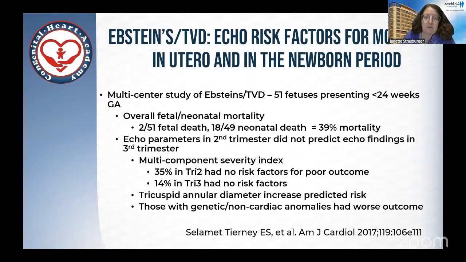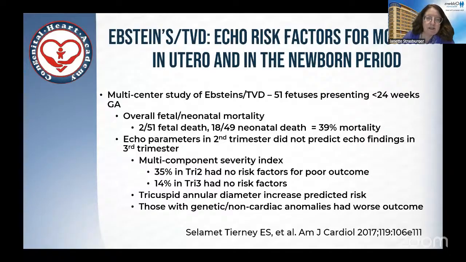They showed that the echo parameters in the second trimester did not predict the echo findings in the third trimester. And I think that is what we are finding as well, that we really see this progression in severity of disease between the second and the third trimester.